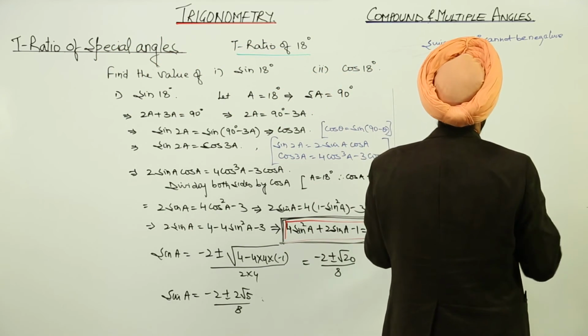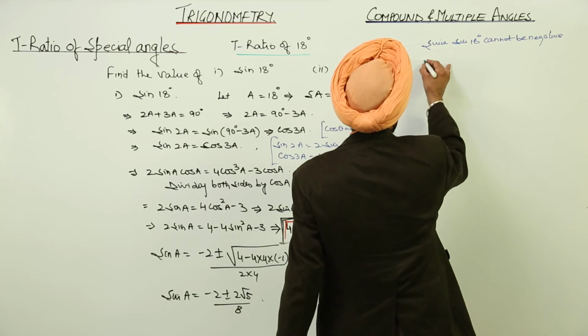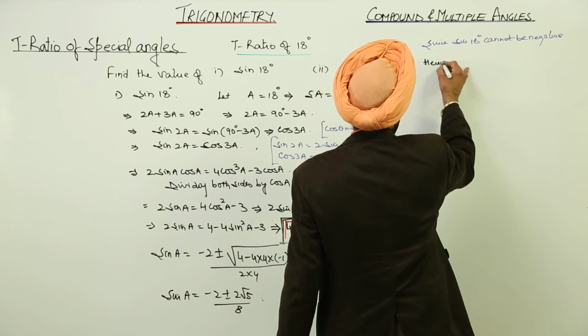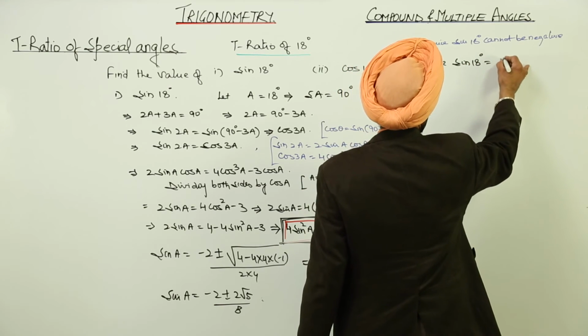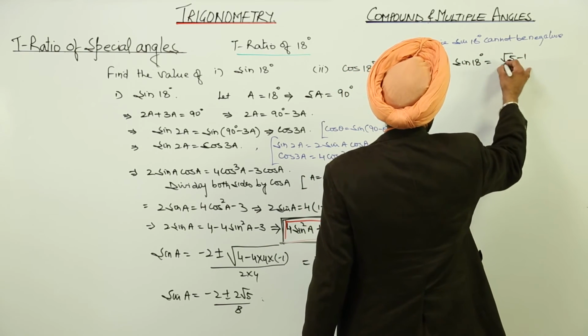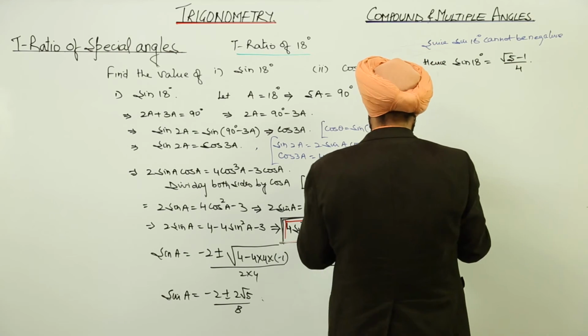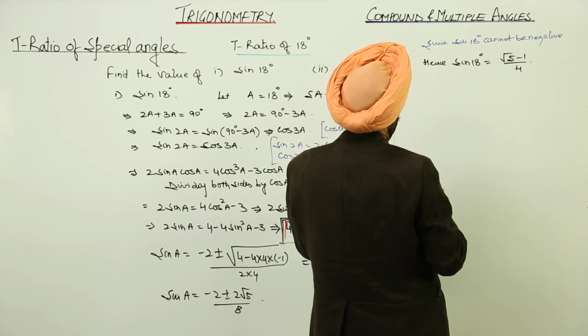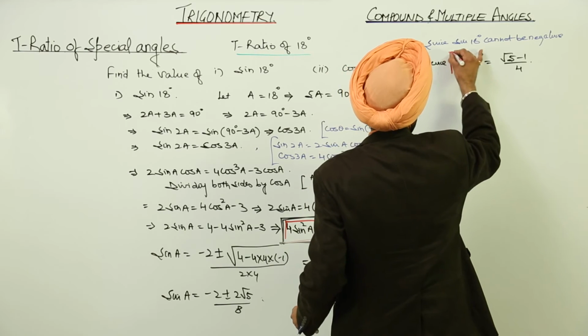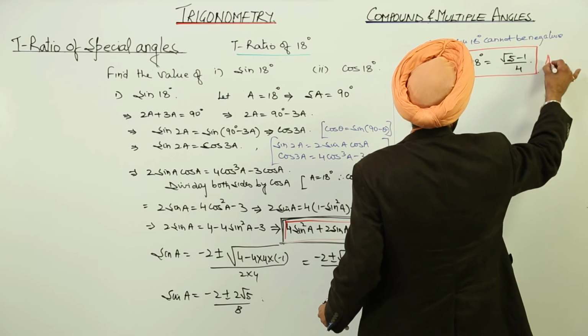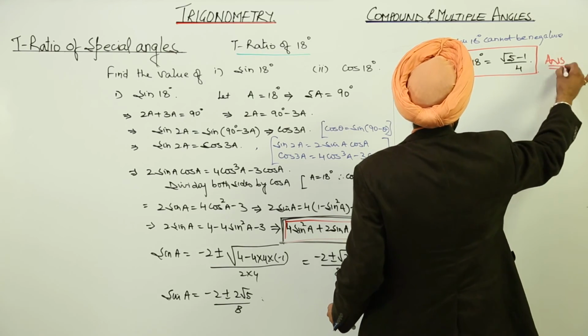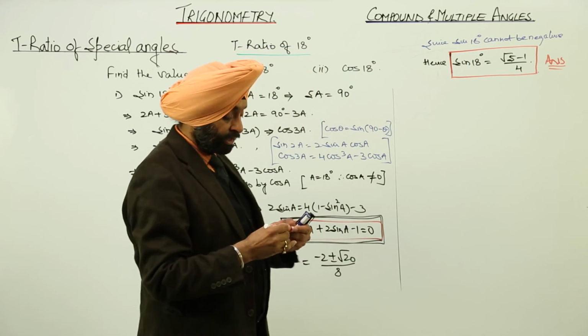Hence, sin 18 degree is equal to root 5 minus 1 upon 4. One answer. Now we have got the value for sin 18 degree.